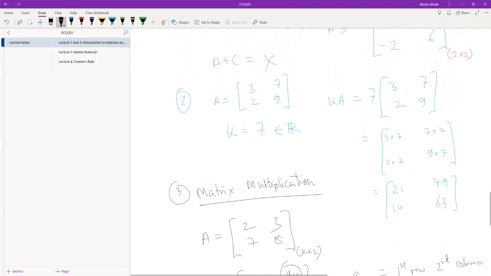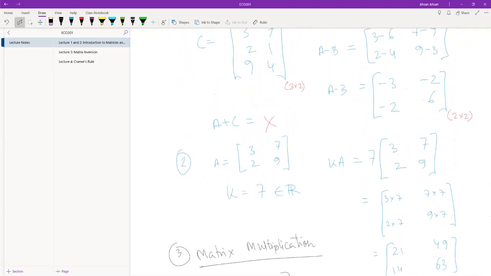So if we go back up to one of the matrices that we have used, and if I want to talk about this element, what can I say? This is the element that is in the second row and second column.